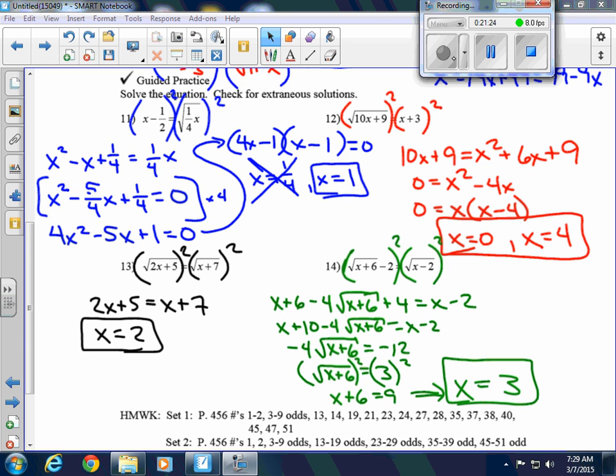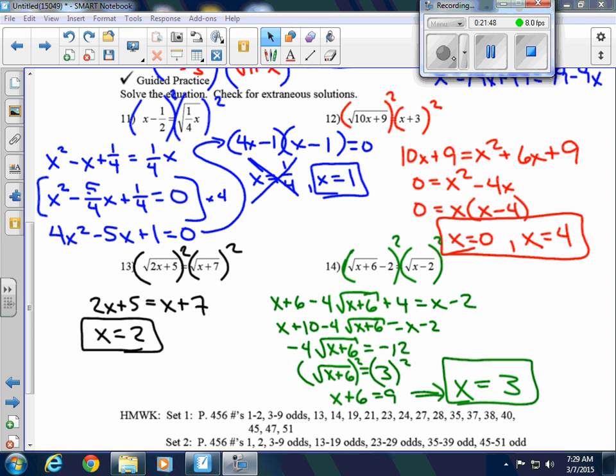So section 6.6 is the last section in this chapter, and it's on solving radical equations. So we solve these by doing the same things we do with all of the equations we solve. We want to first isolate the radical expression and then use what we know about radical expressions, the inverse operations.